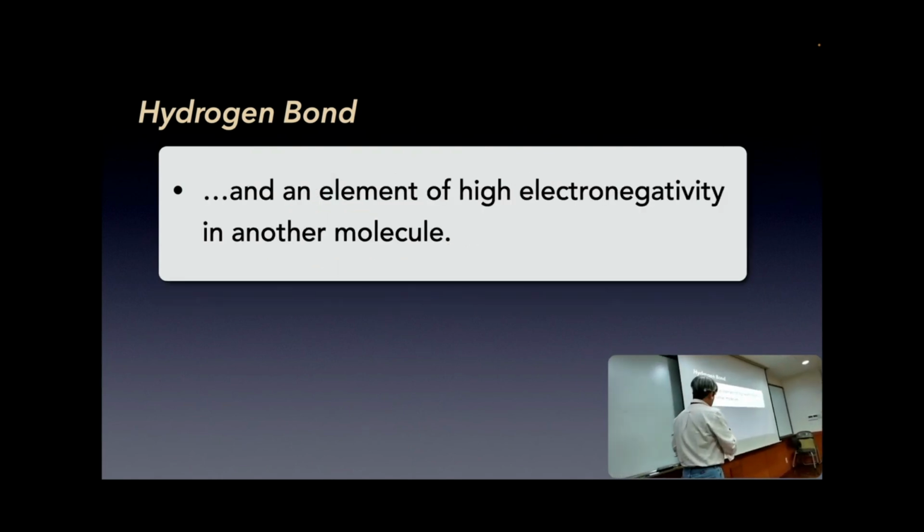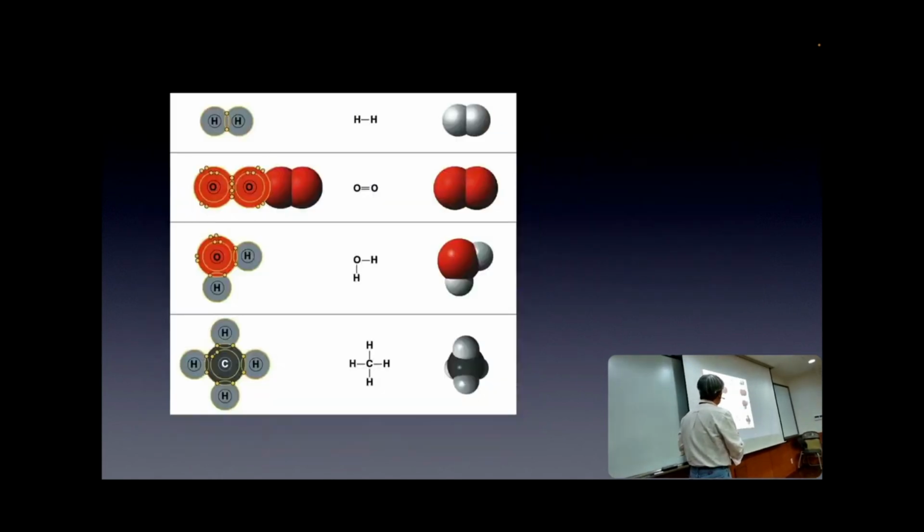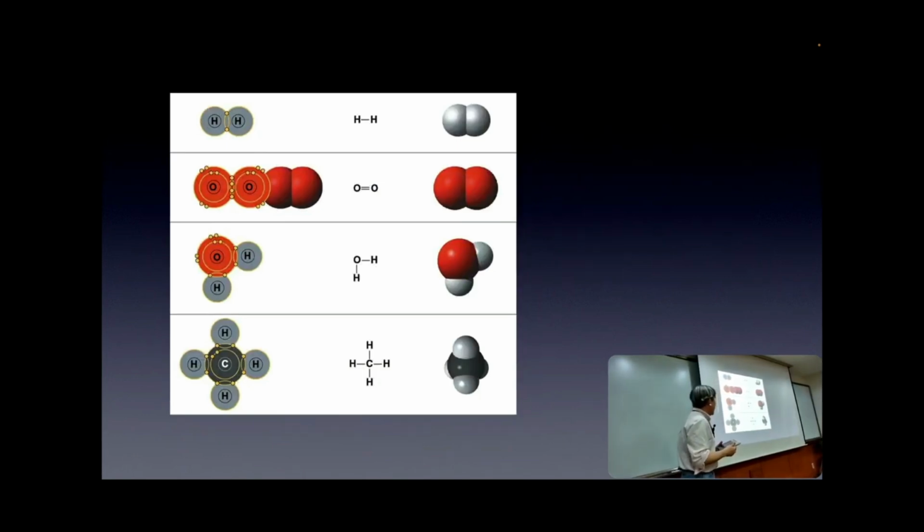How are they different? Here, among these, there is only one polar covalent bond, and the other 3 are all non-polar covalent bonds.